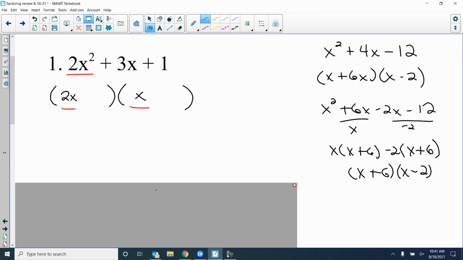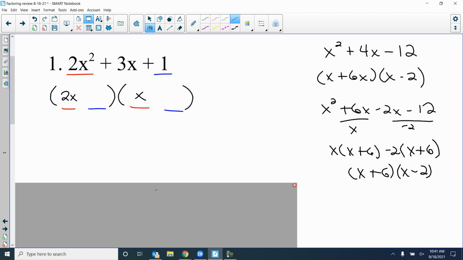The last 2 terms have to multiply to get the last term. That can never ever change. What multiplies to get 1? 1 and 1. Anything else? No, we're only dealing with constants. Don't throw out fractions and decimals and all that. Just constants. Now you got to watch your signs.